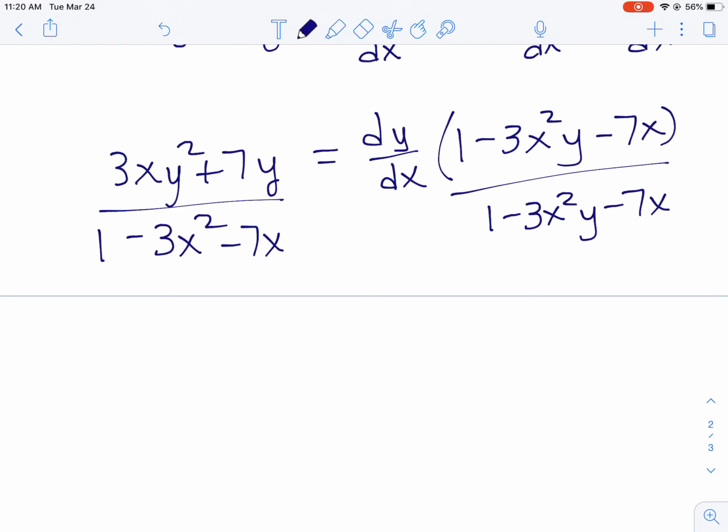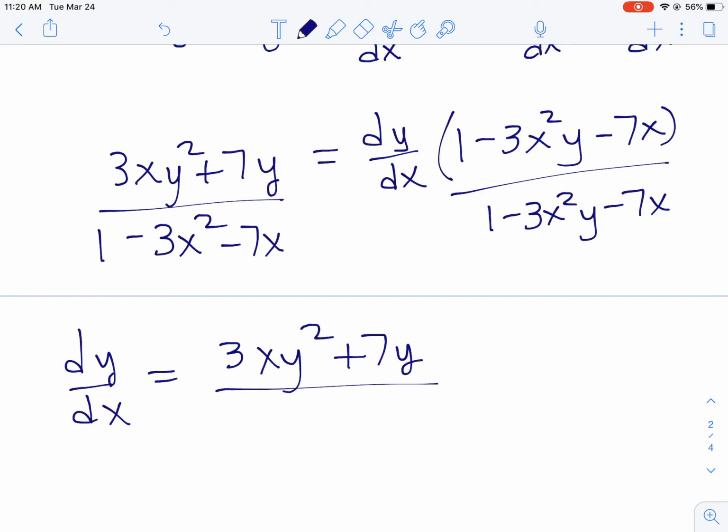So my final answer of dy dx is equal to 3xy squared plus 7y all over 1 minus 3x squared y minus 7x. And I can't do anything with that. It's as simplified as it gets.